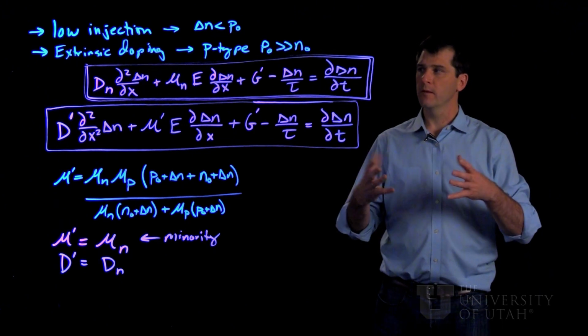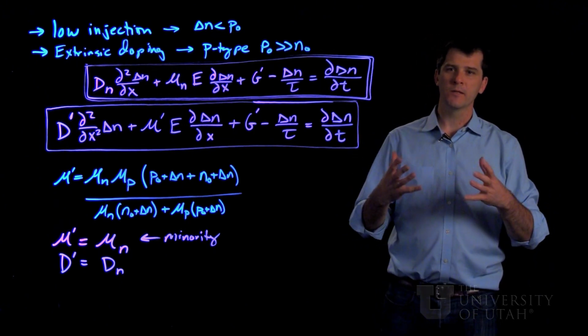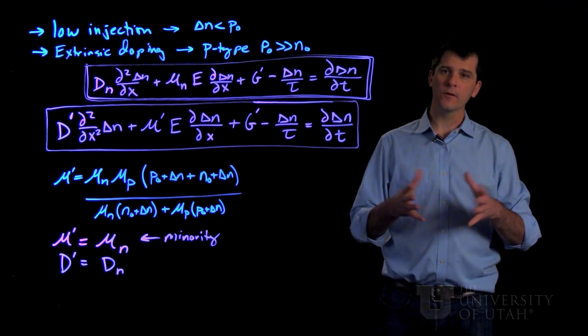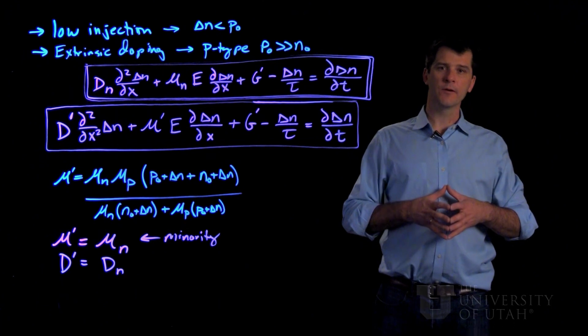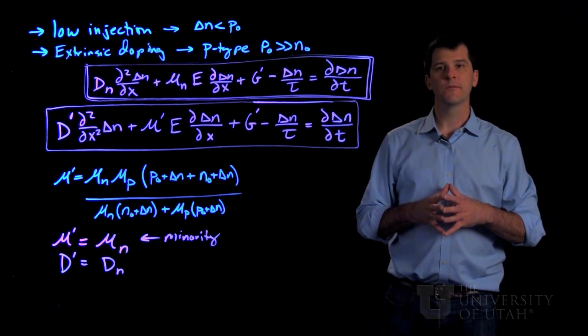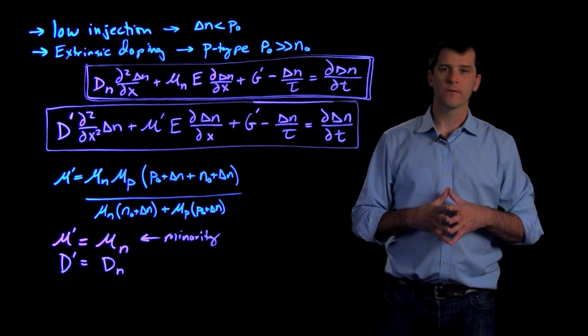What that means is that these equations have been uncoupled and made much simpler with these assumptions. So this is the equation that we'll use for figuring out how most of the devices in most of the regimes of behavior will work throughout the rest of this course.